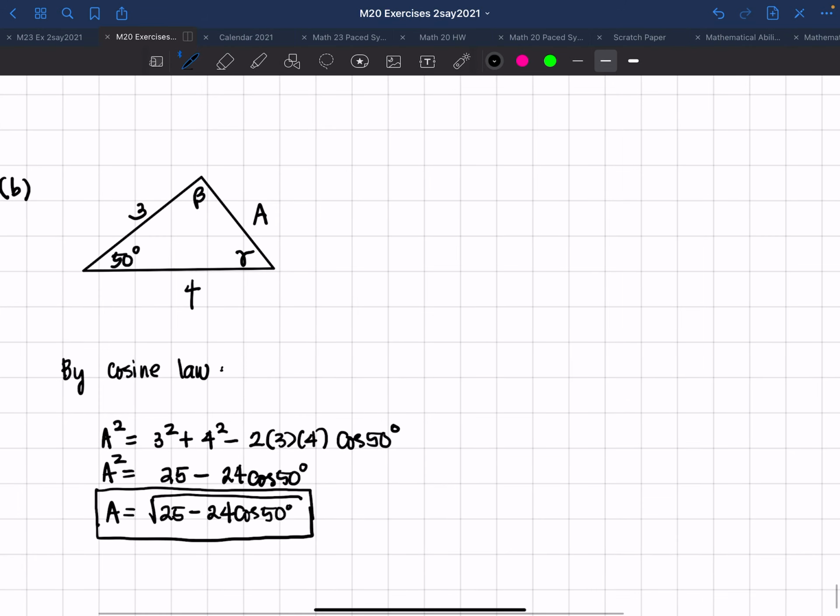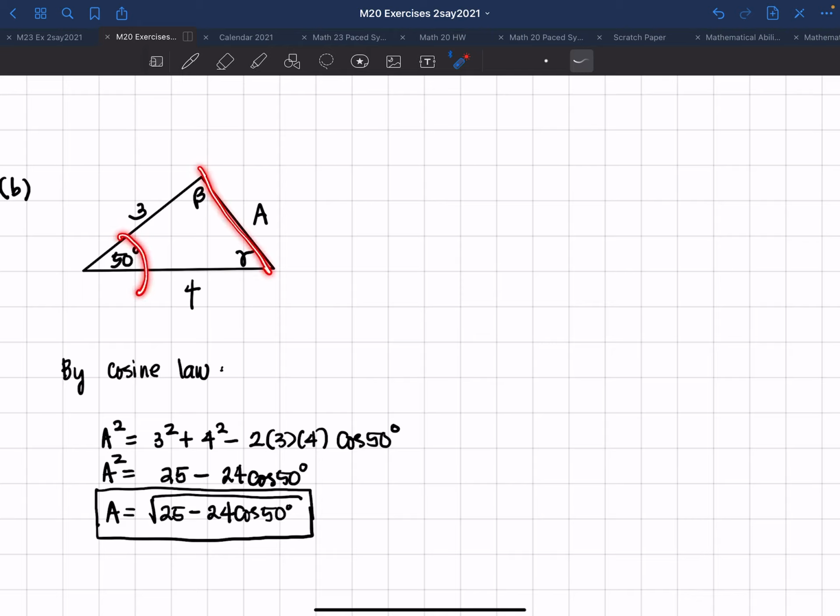So, paano natin mahanap itong gamma tsaka beta? Pwede tayong gumamit ng sine law, no? Kuha tayo ng may magkatapat.